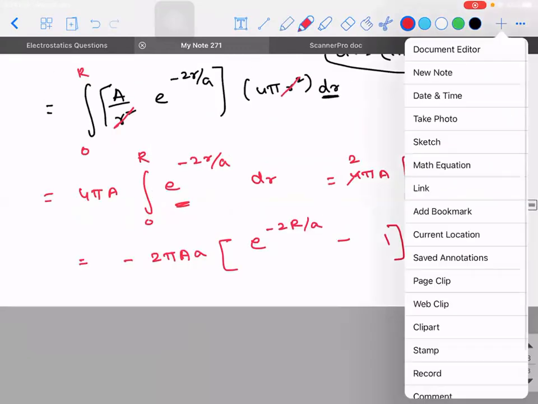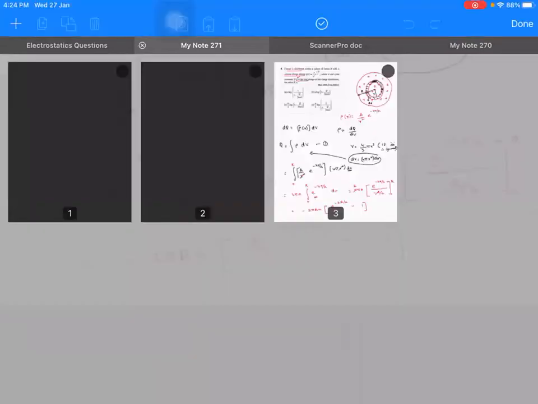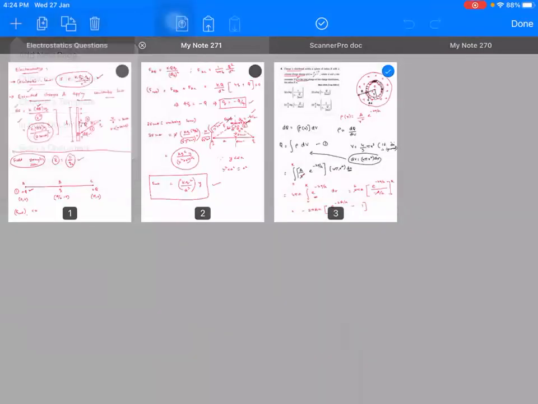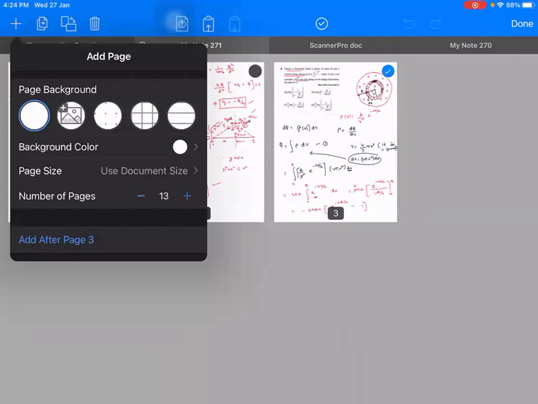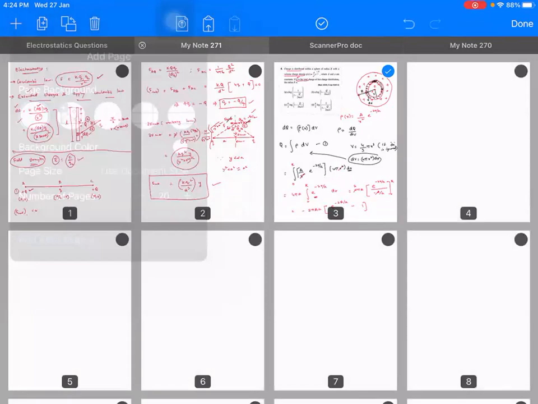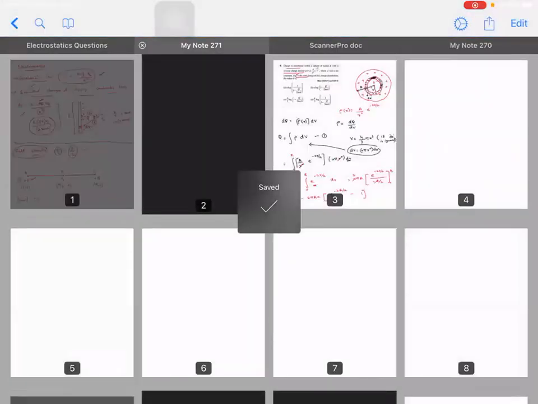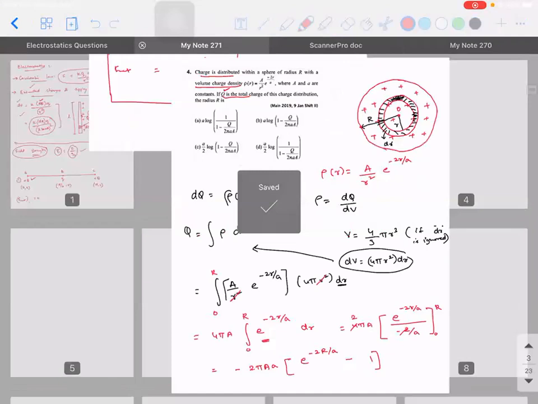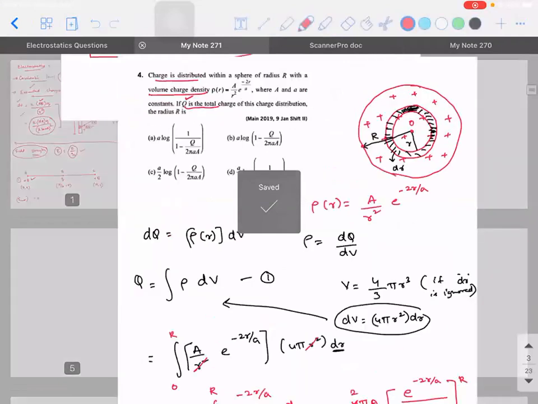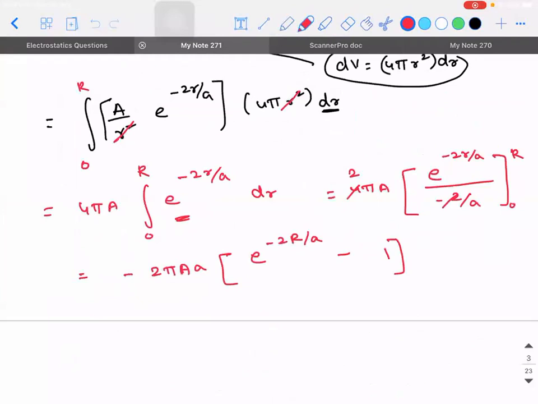Guys, I hope you understood. Please make a note of this point. So e power minus 2R by a.